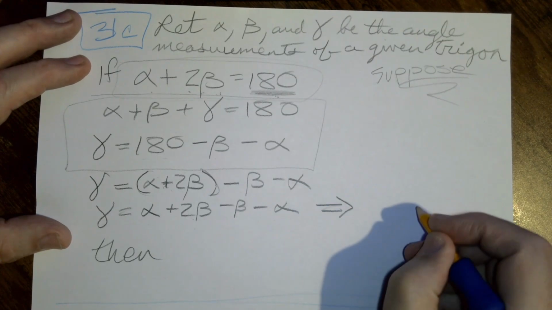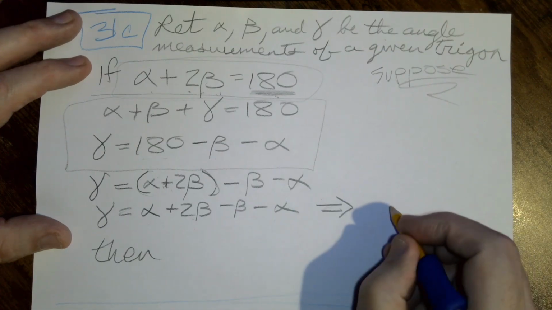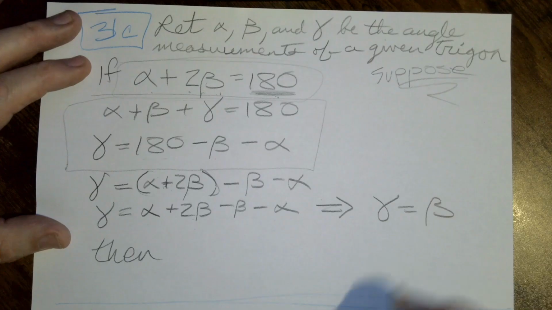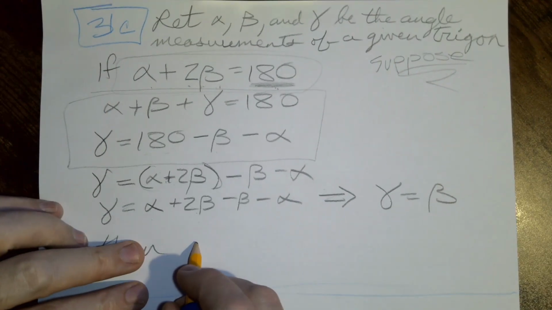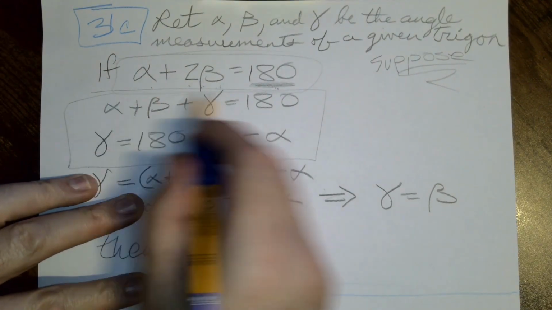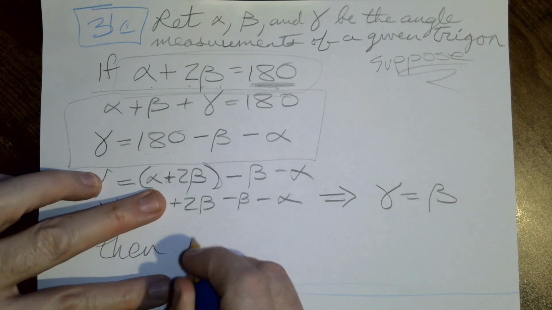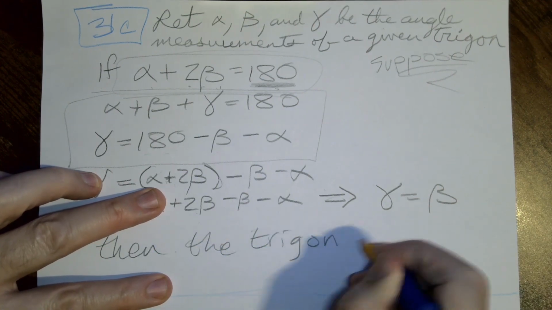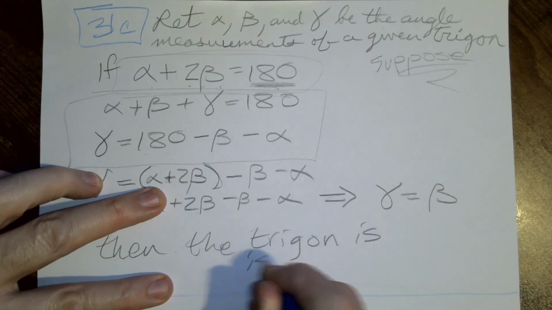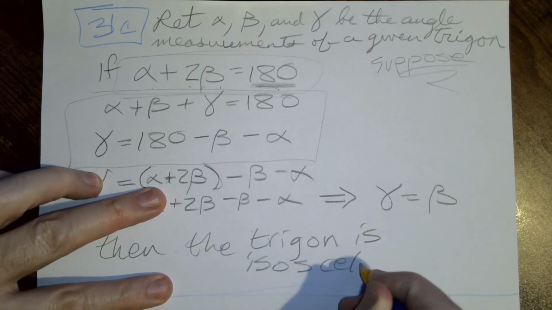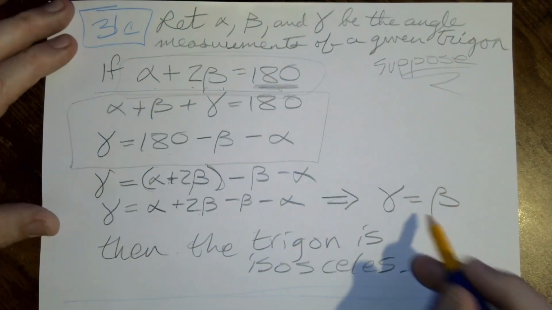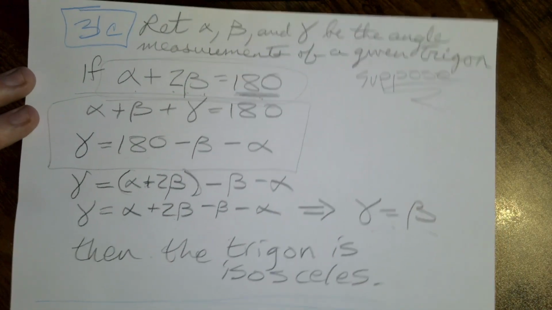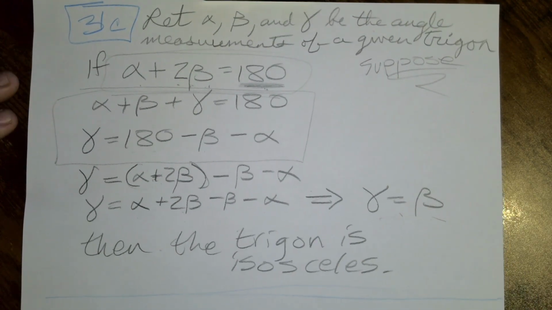So this implies that gamma is equal to beta. So if this is the case, then the trigon is isosceles, because we have two angles with the same measurement in this trigon.